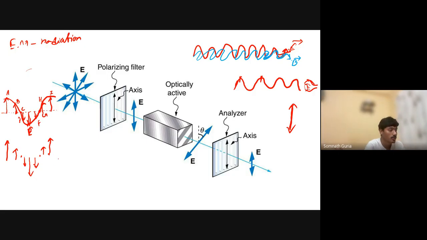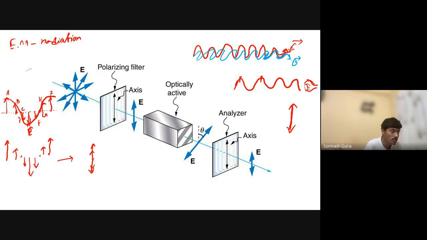So if we superimpose, we can find only these things. This is the maxima, and then this is the point. So this is how the light actually looks.